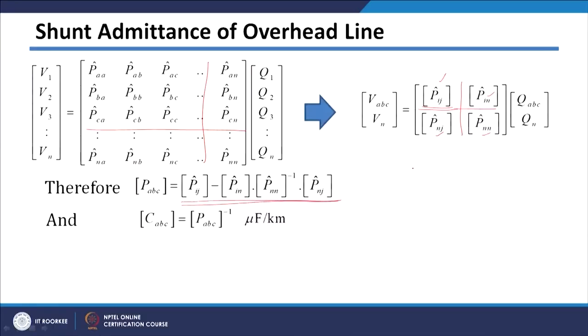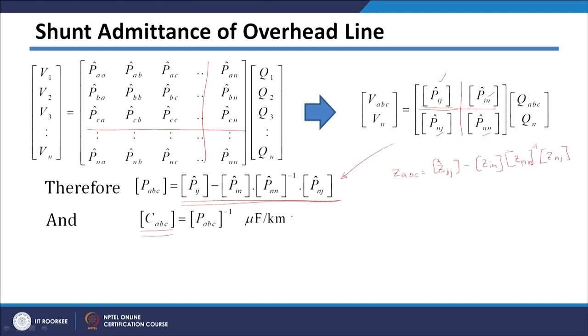In case of impedance, we have seen that ZABC will be equal to ZIJ minus ZIN into ZNN its inverse and ZNJ multiplied. Exactly the same we can write in terms of potential coefficients here, and we have seen that the capacitance matrix is just inverse of your potential coefficient matrix.